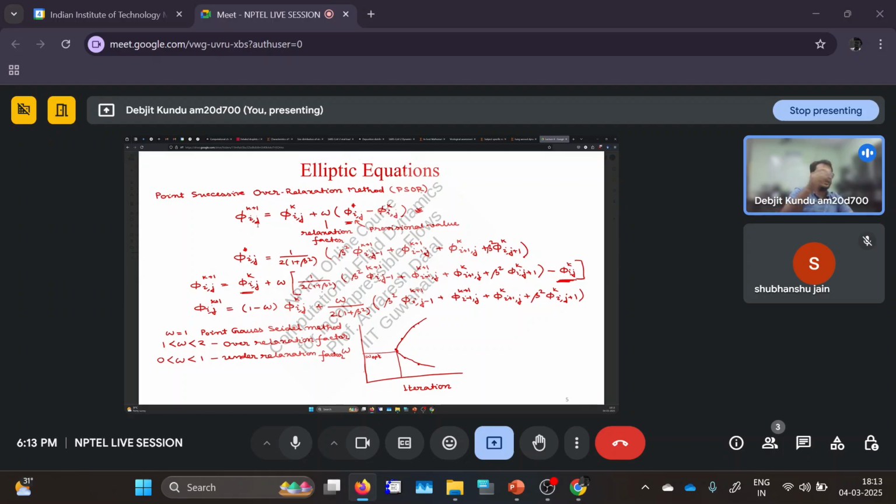So that's the change you add to the next term. You multiply this relaxation factor to that change, and you try to modulate it.